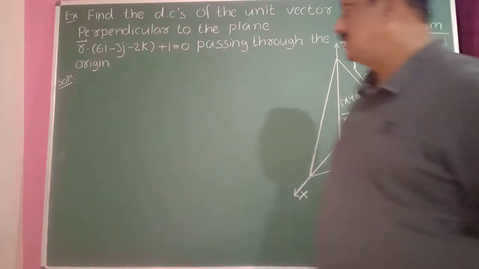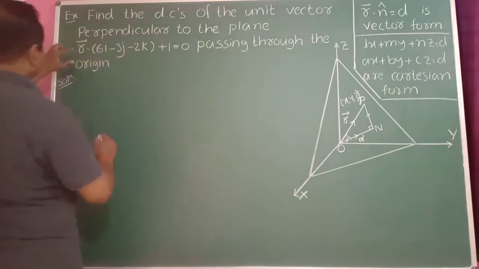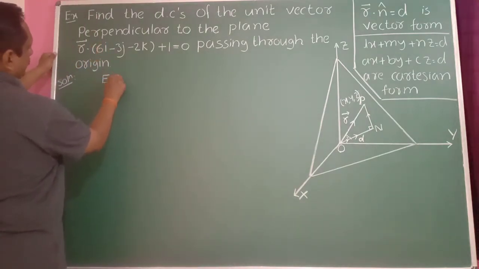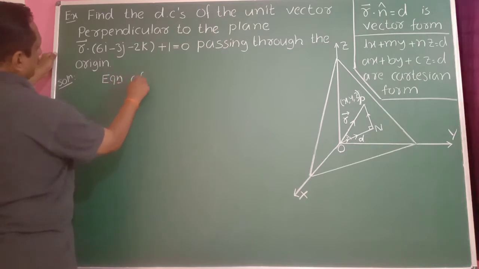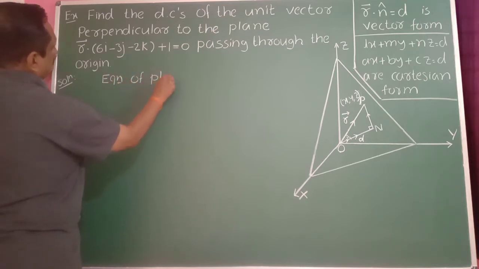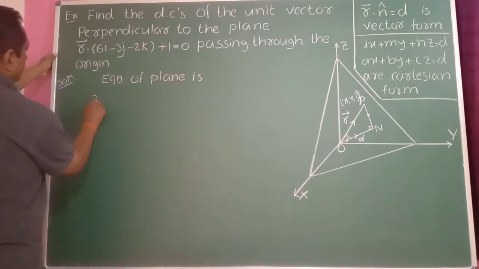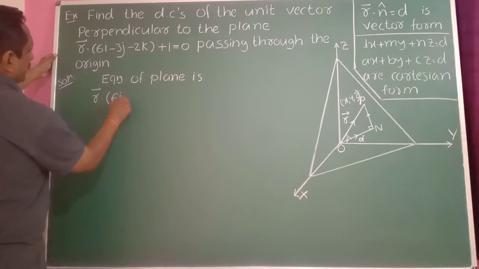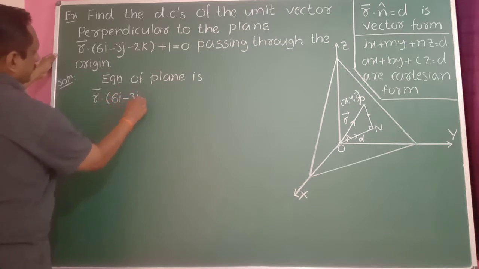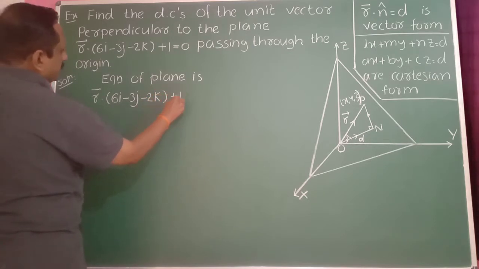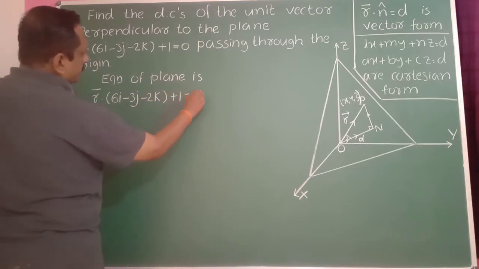We just observe the given equation of the plane. The equation of the plane is r bar dot (6i minus 3j minus 2k) plus 1 is equal to 0.